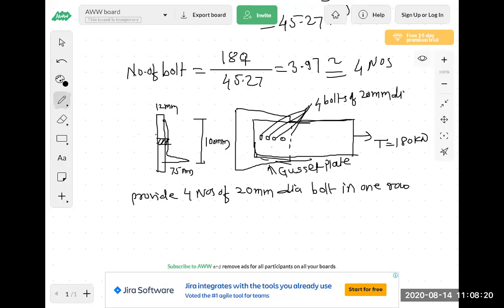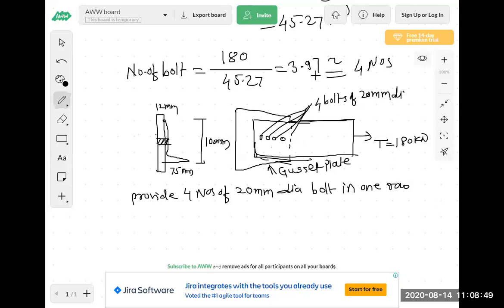The examiner is not interested in all your calculation. The examiner is interested in how many bolts are coming as per the procedure. If the bolts are there, the examiner is interested in sketches like this, and such a sentence: provide 4 bolts of 20 diameter. So this is a very important part, this figure and this sentence.